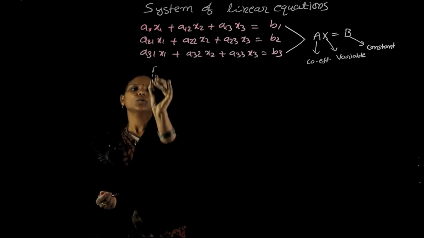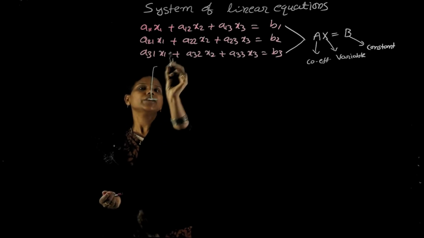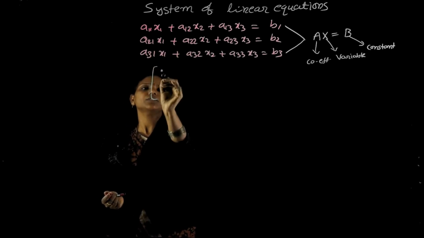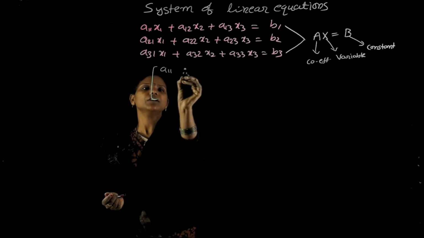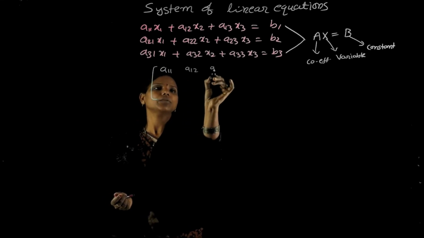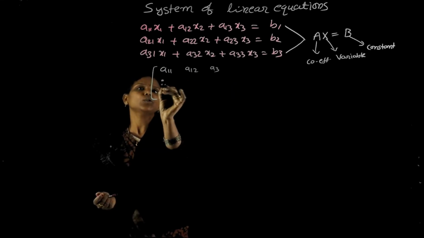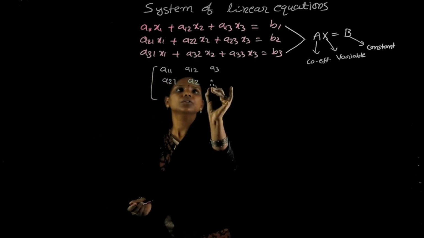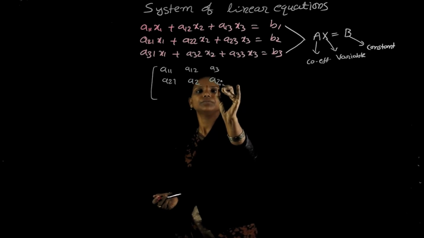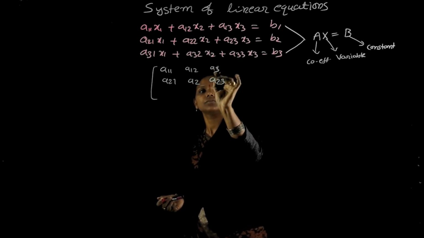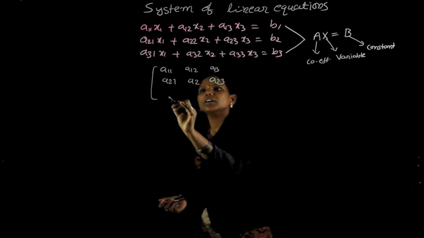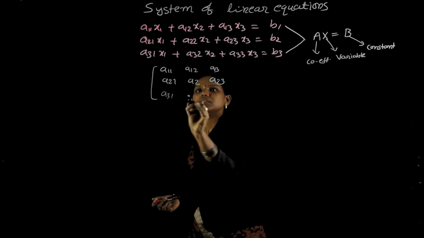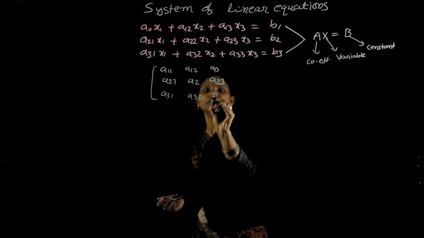Now let us write coefficient matrix. You write coefficients in first row, that is a11, a12, a13. Second row coefficients a21, a22, a23. Third row coefficients a31, a32, a33.